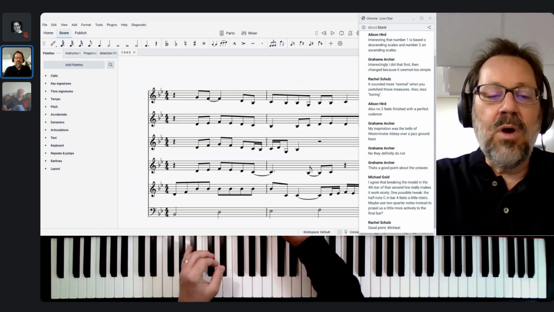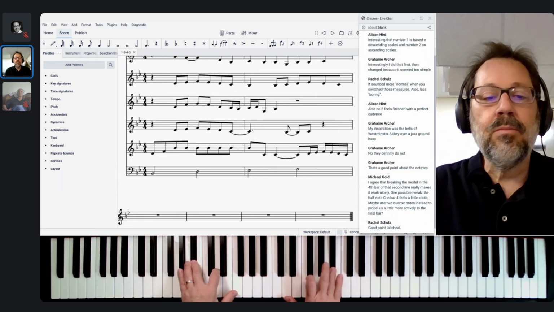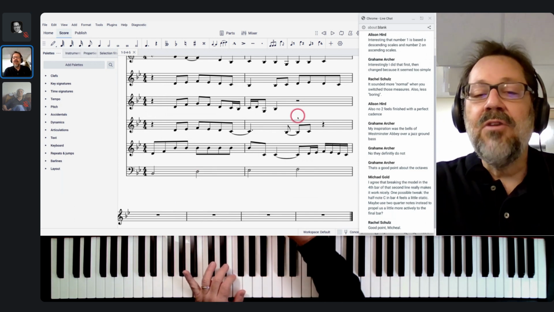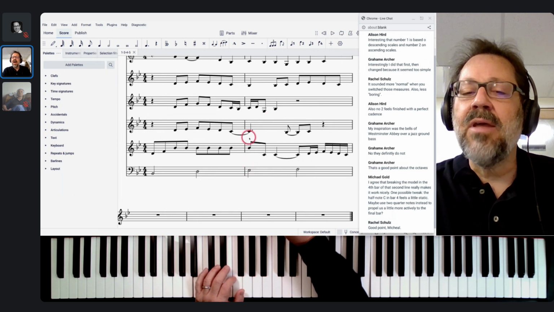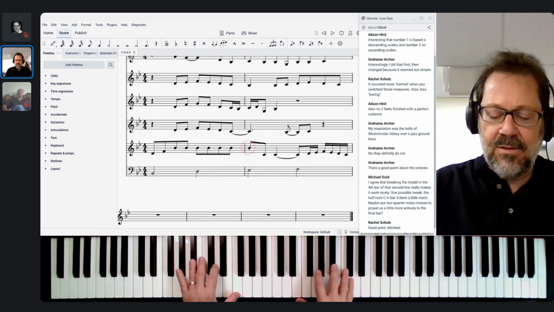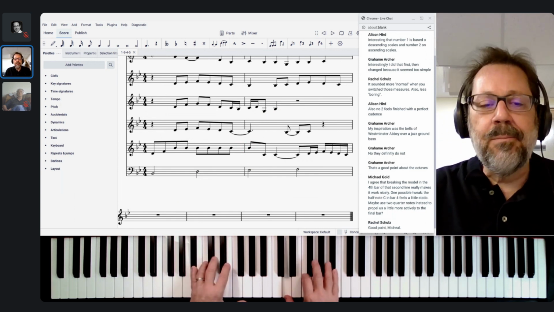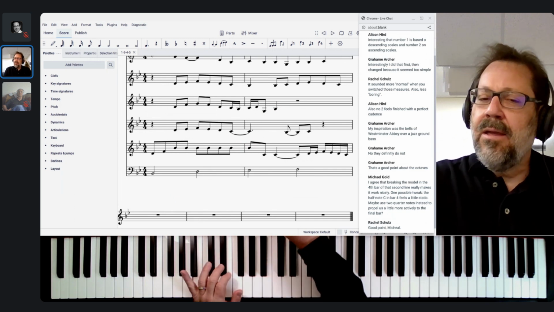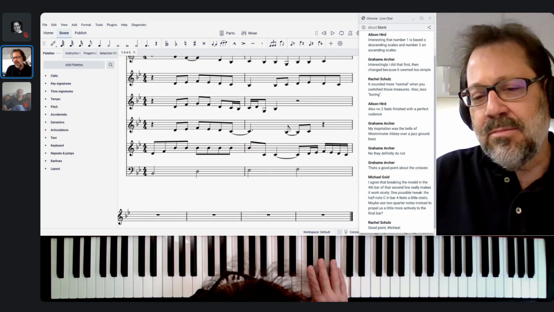So this was the Johann Christian Bach melody here. The big dramatic leap didn't happen on the downbeat. It happened after the downbeat. I'm going to contrast it with what it could have been. Had he leapt at the beginning of the measure, I don't think he would have done that.